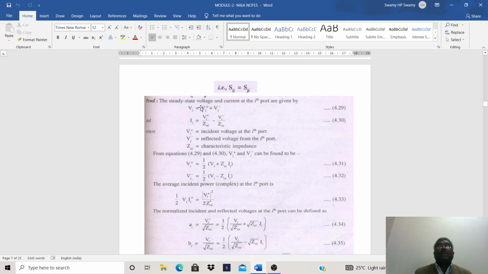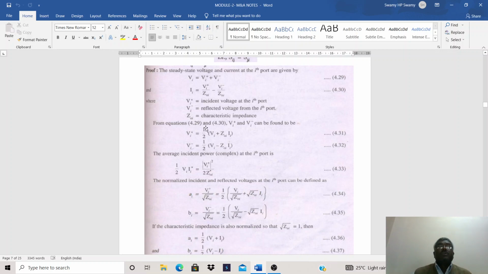The steady state voltage and current at the ith port are given by Vi = Vi+ + Vi-, Ii = Vi+/Z0i - Vi-/Z0i, where Vi+ is the incident voltage at the ith port, Vi- is the reflected voltage from the ith port, and Z0i is the characteristic impedance.